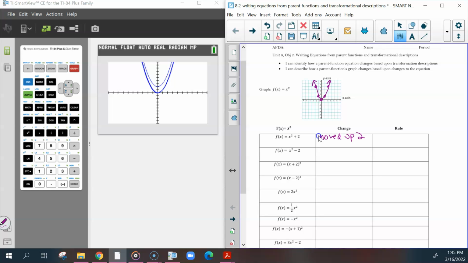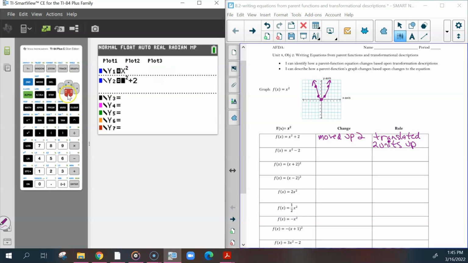The rule for that would be, and these are fancy words, that it translated 2 units up. So then you can probably think about what would happen if we moved it down too, but let's see.